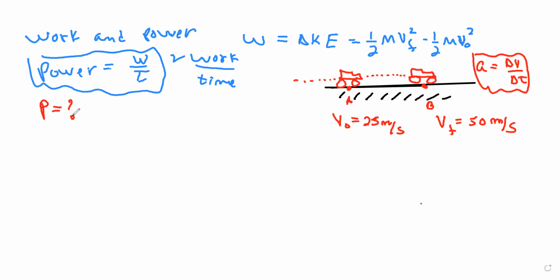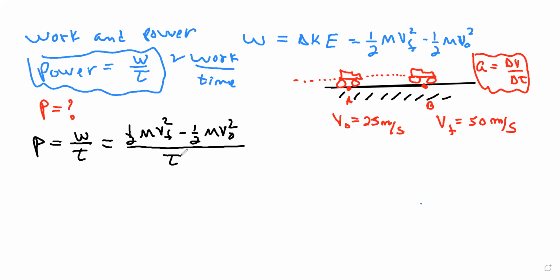Well, we know that the formula says that power is going to be the work divided by the time. And we know that it's going to be 1/2 of the mass times final velocity squared minus 1/2 of the mass times initial velocity squared, divided by the time.